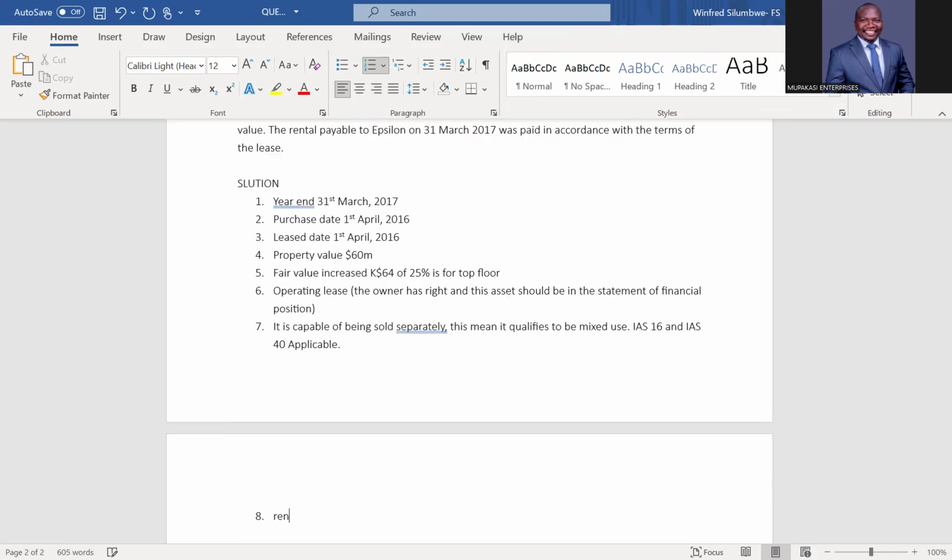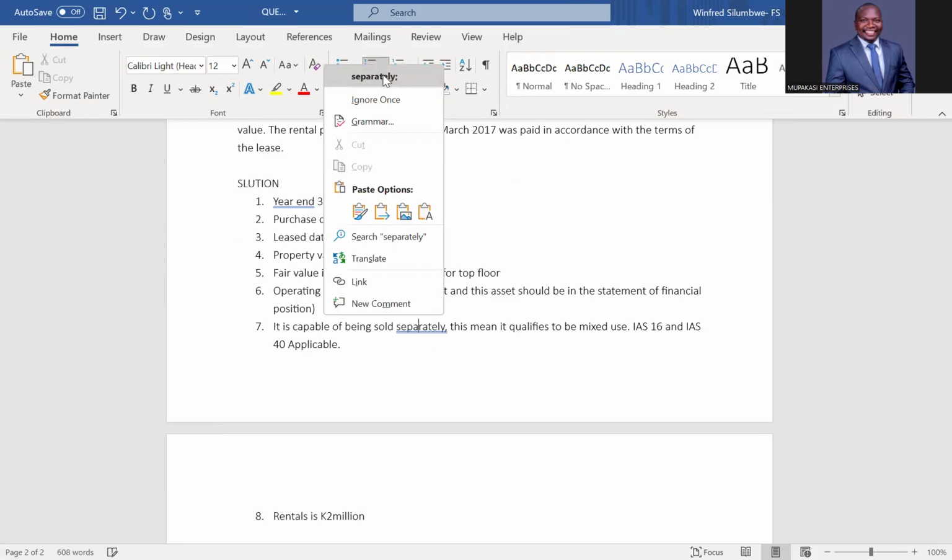The rental is 2 million. That is it. If you gather such information, it will be very useful for you to begin to tackle the question.